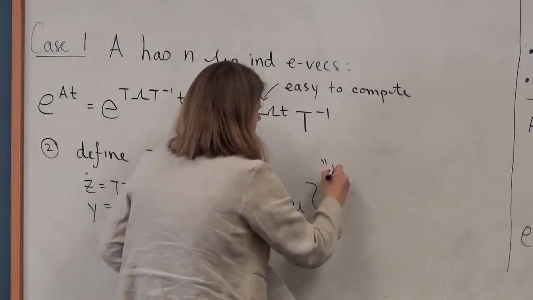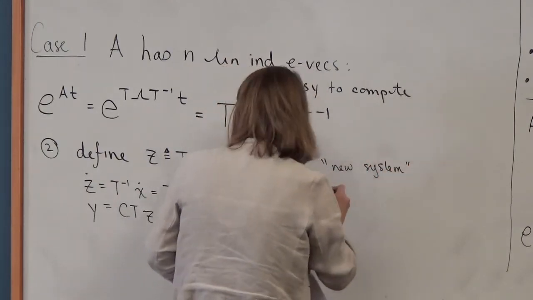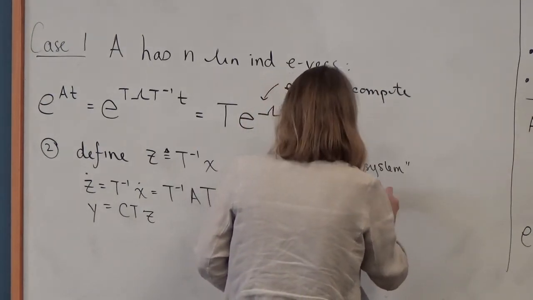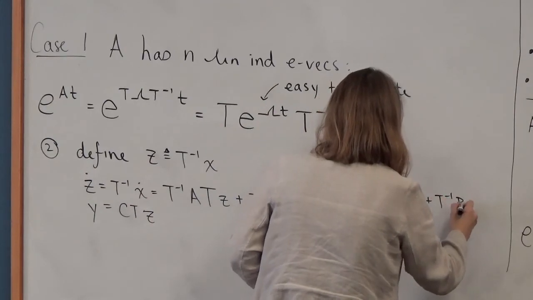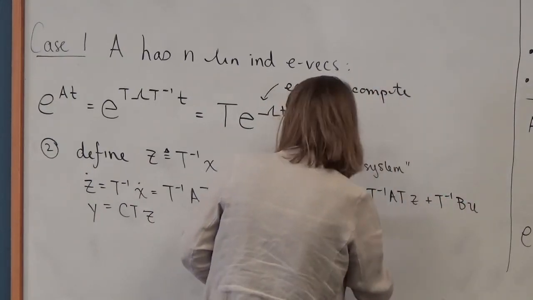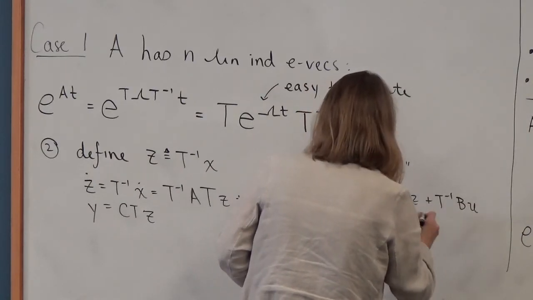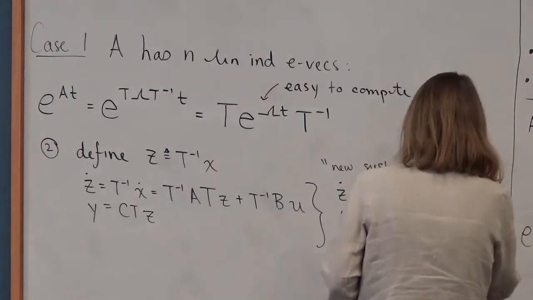Well, I'm going to put it in quotes, a new system whose dynamics in terms of the state variable Z are T inverse ATZ plus T inverse BU, and Y is equal to CTZ plus DU.